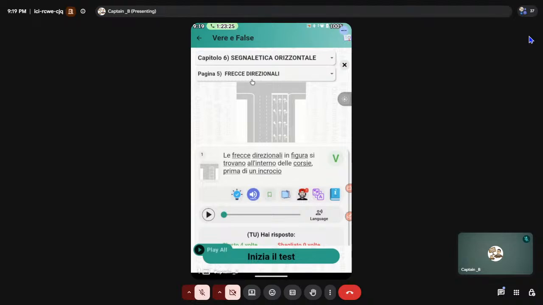Now, le frecce direzionali, or the freccia direzionale, is a direction line. As you can see, it is a direction line. Direzione means direction. In figura, this figure, si trovano, you say you can find it.